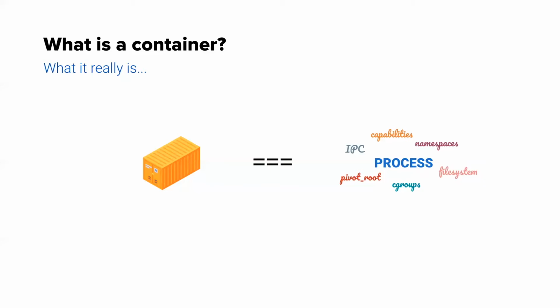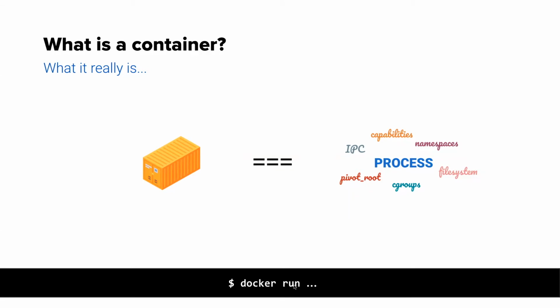There are cgroups, which define what type of resources it can have access to, and so forth. So that's what a Linux container is. And to actually run a container using Docker, we'll be looking at the command called docker run.